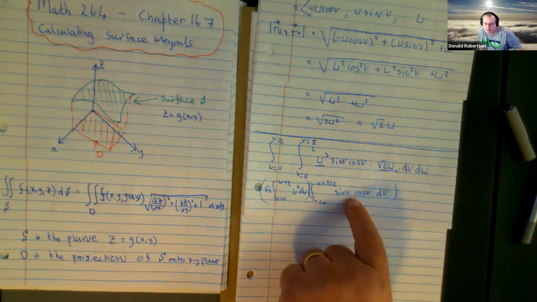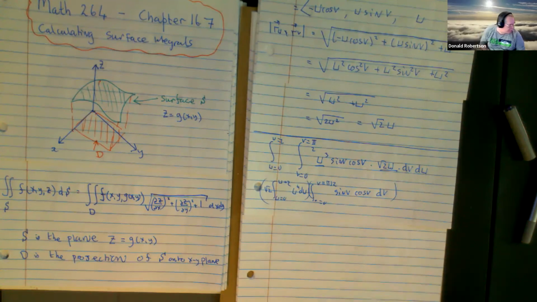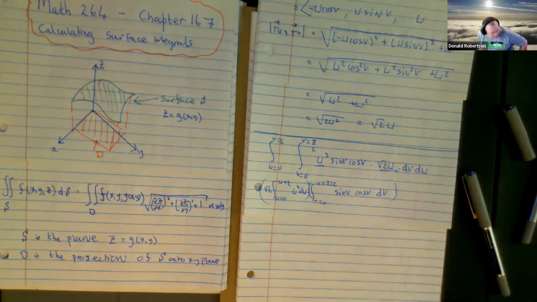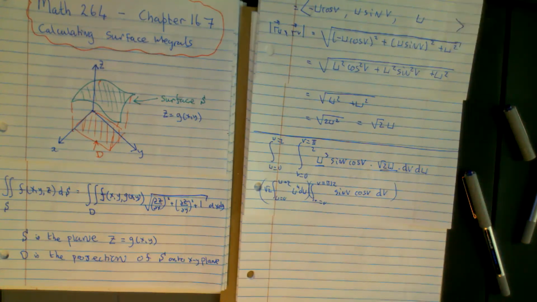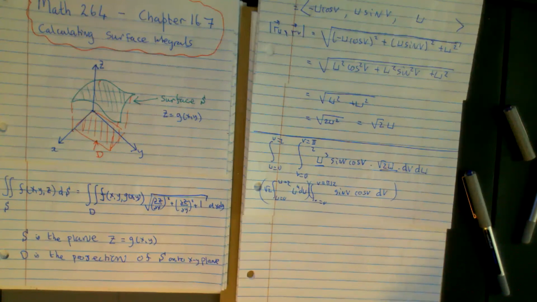Any suggestions of how to integrate this fella, sin v cos v? How should I approach its integral? With a u substitution? Why not? Which one do you want to use? I'll go with sine since we won't have to deal with negatives.